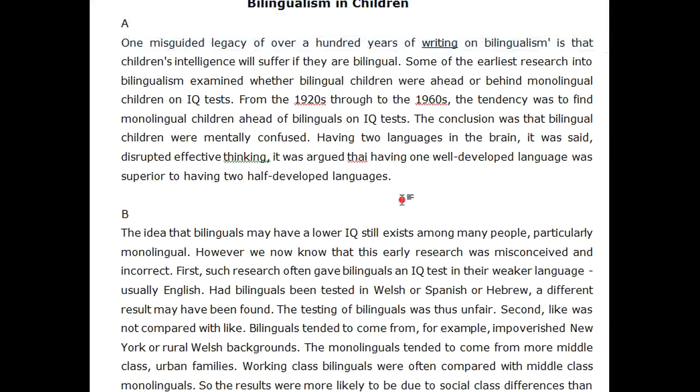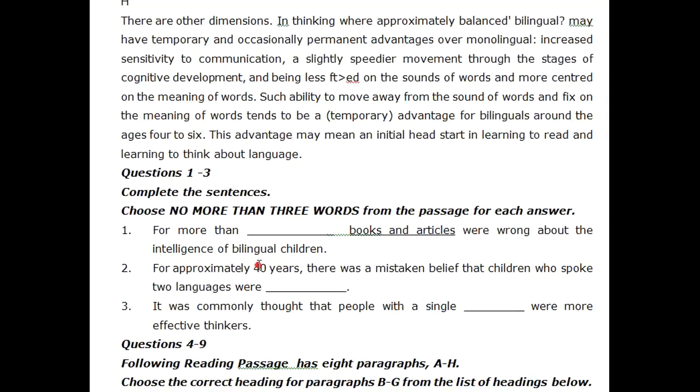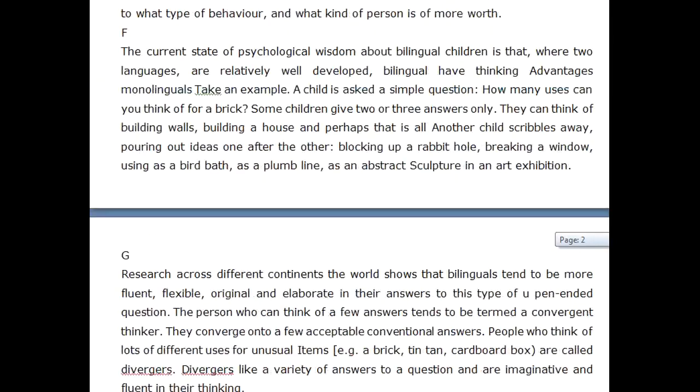Now you have to find out for more than dash. I have to go back and check what exactly I have to find out. For more than dash, they were wrong about the intelligence of bilingual children. So more than can be the keyword for you.